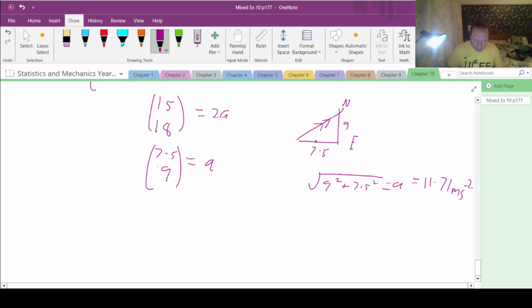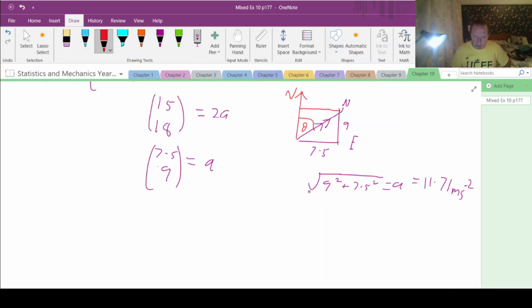Now we need a direction on it. It would make sense to start from the north line to give ourselves a bearing. So we have the 7.5 and the 9, tan, opposite over adjacent. So tan of that angle is equal to opposite, which is the 7.5, divided by the 9.